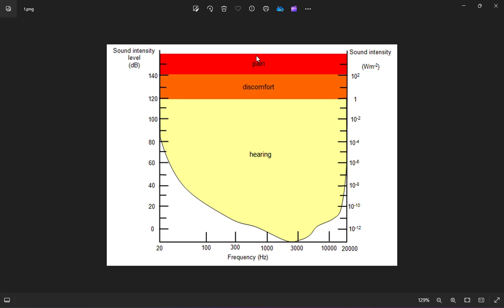For example, if you are designing an audio system, you have to tune your amplifier such that it can reliably amplify the signals in this hearing bandwidth of the human ear.